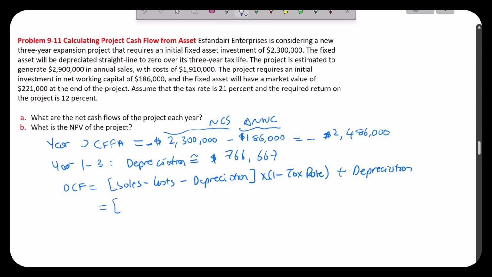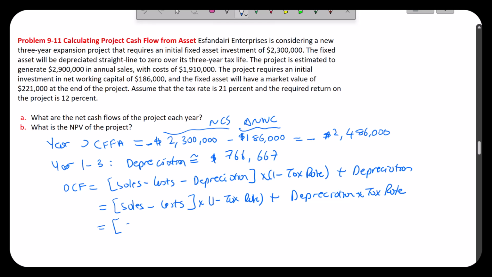You can think of this as another approach, sales minus costs times 1 minus tax rate plus depreciation times tax rate. Whichever one is more convenient for you. I'm going to use the first one.